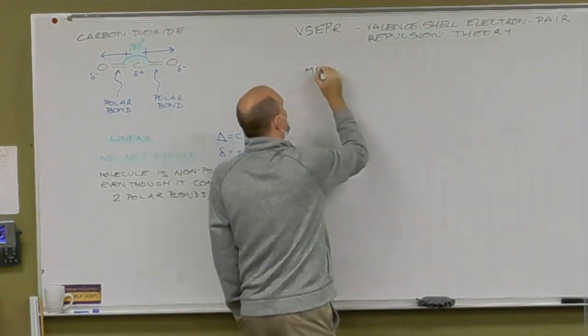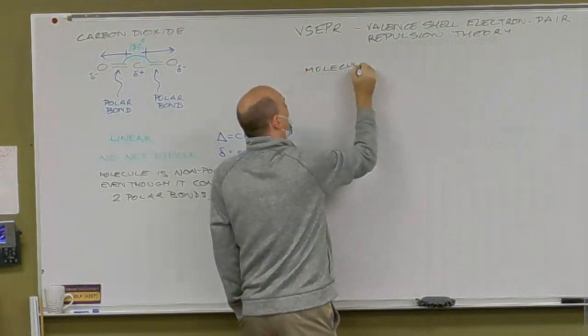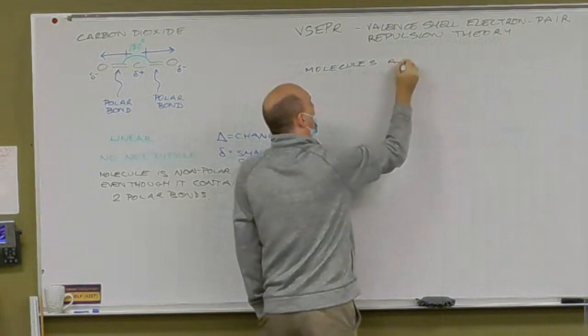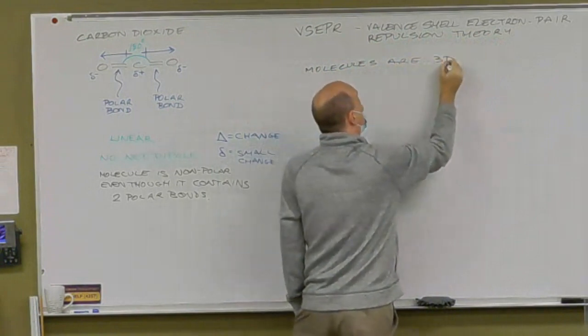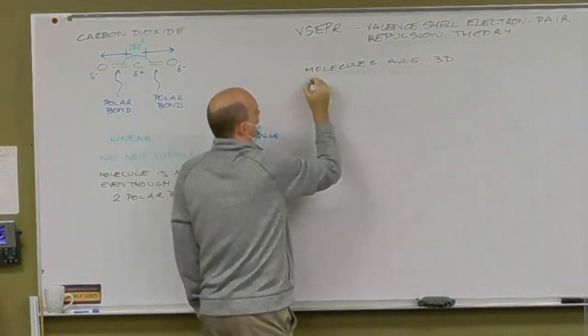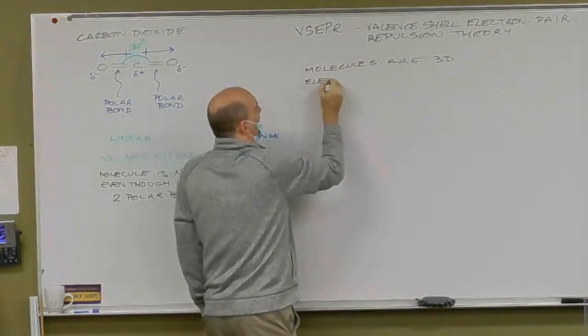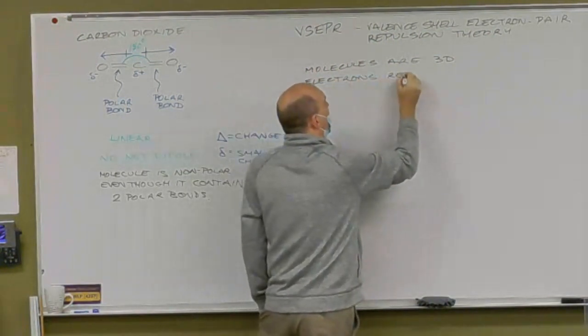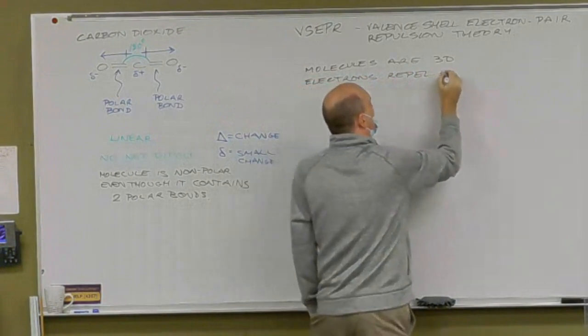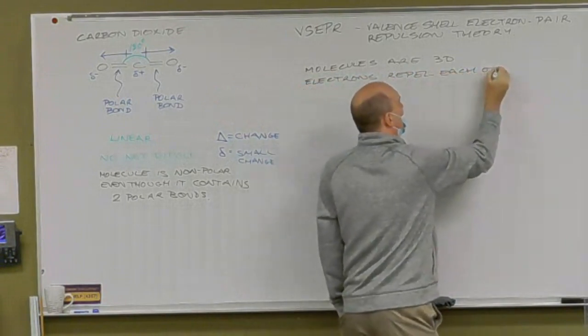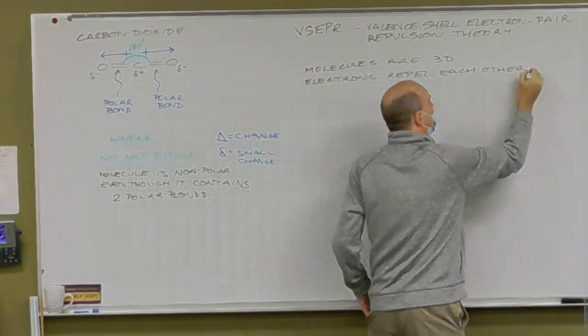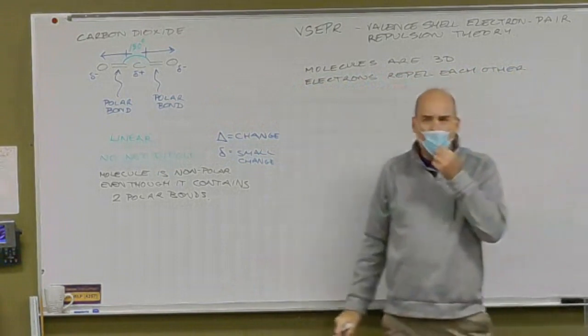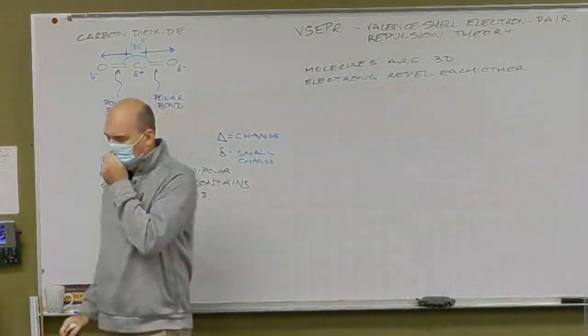And basically what it says is that molecules are three-dimensional, that electrons repel each other. But not equally.